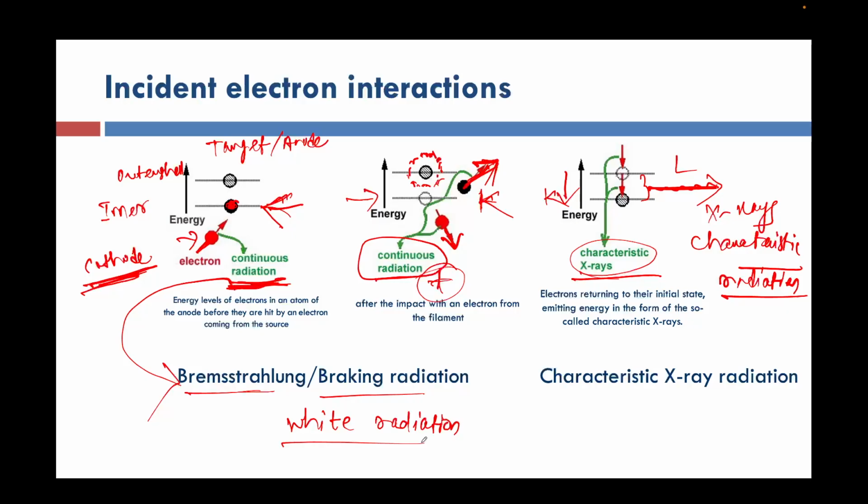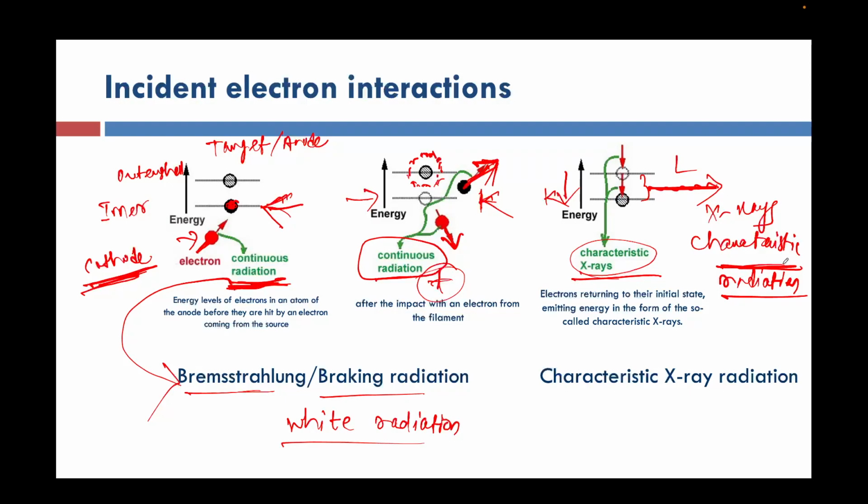Because like white light is spread over a range of wavelengths, similarly this continuous radiation is also spread over a range of wavelengths. However, for this characteristic radiation, because the energy difference between the L shell and K shell for a particular material is fixed, this radiation is known as characteristic radiation, which we use.